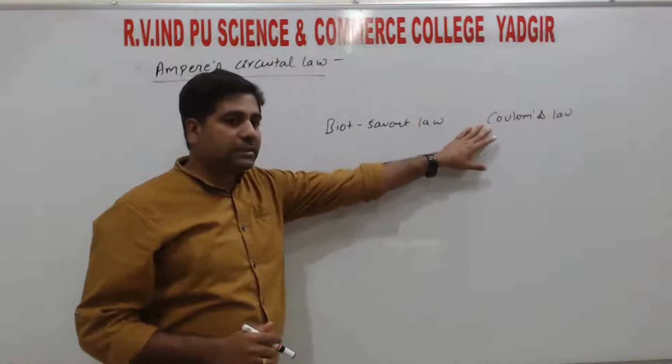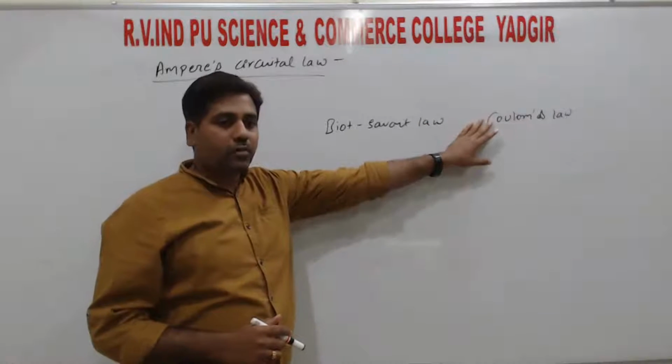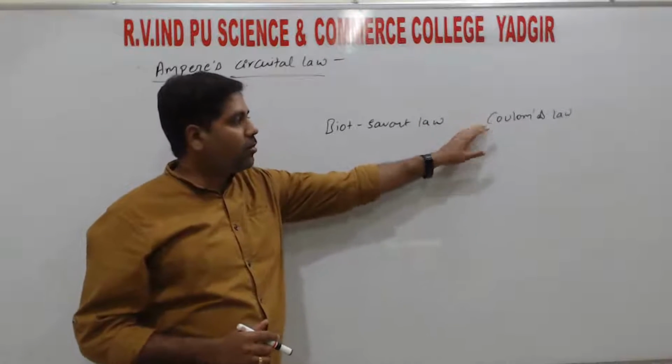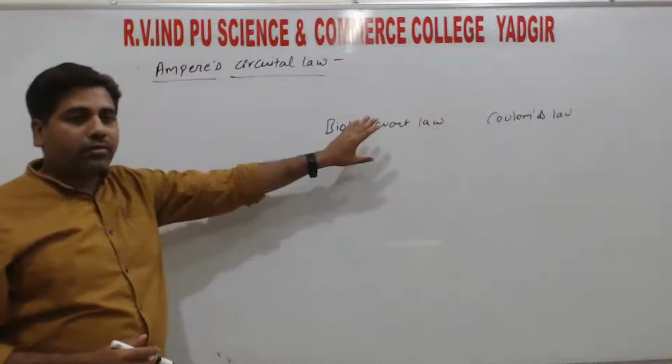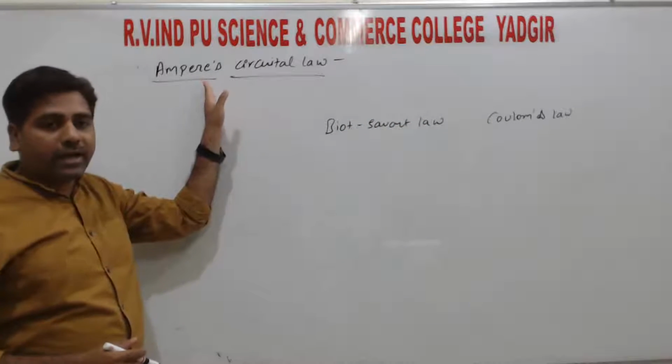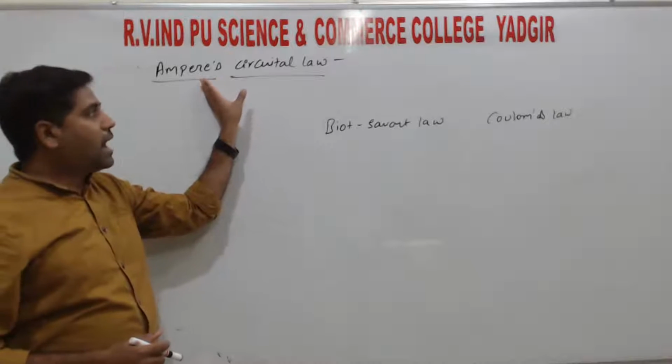That means they are almost similar, with a few differences, so we compared the two and related them. In the same way, here also we get one more law, that one is the Ampere circuit law.